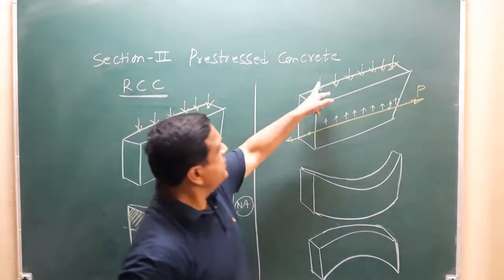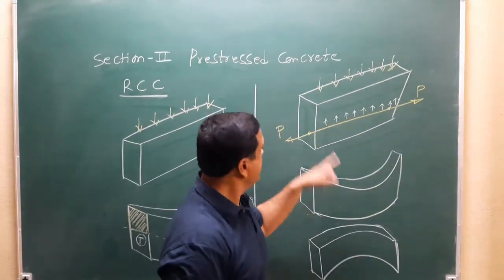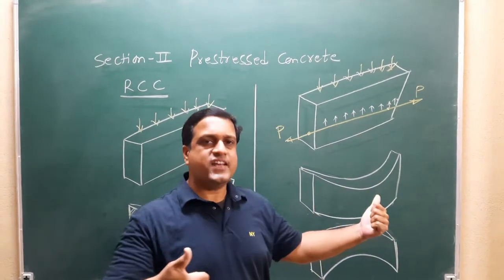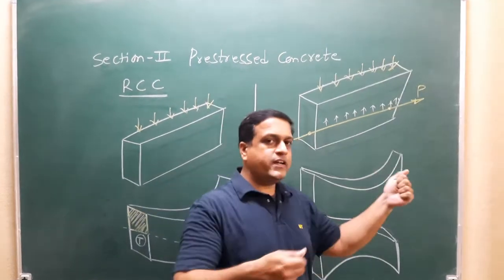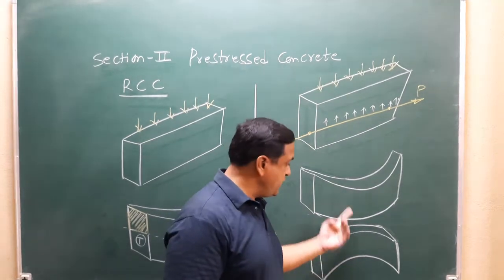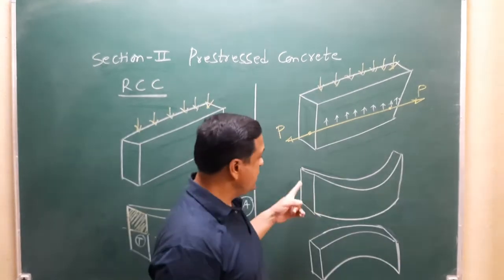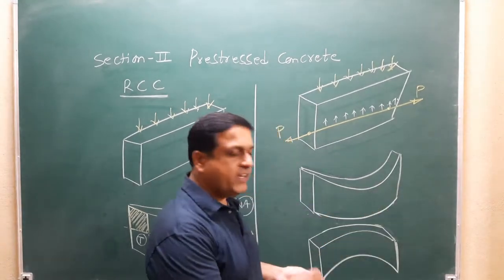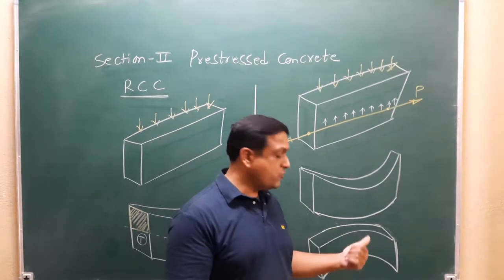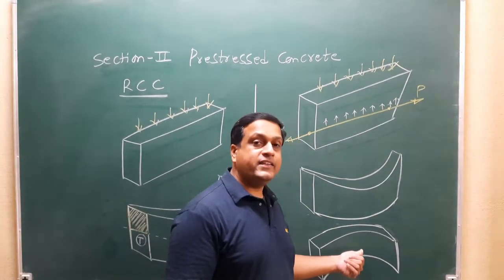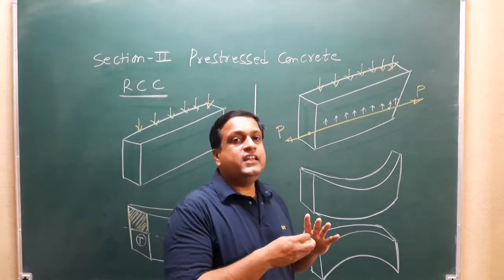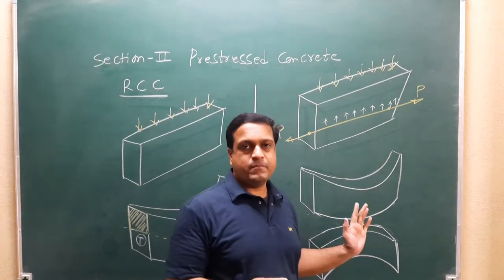So due to external force, the beam bent like this, and due to internal stretching of that wire, it is a high tensile wire. Internal stretching of that wire, the beam gets exactly bent opposite of this nature. That means due to external force, the beam gets in hogging nature, and due to internal stressing force, the beam gets bent like this, and the total beam is now in steady condition.